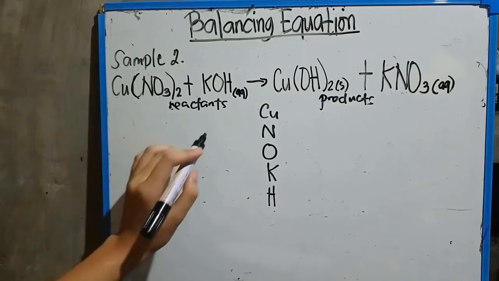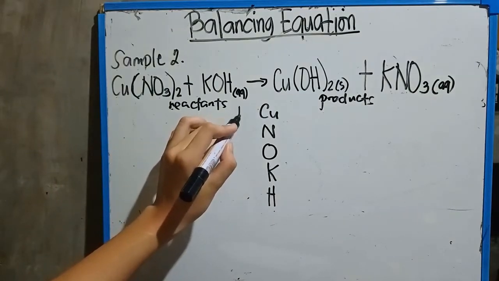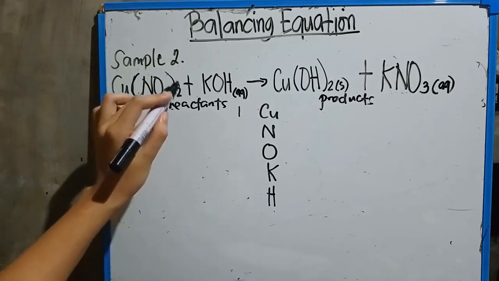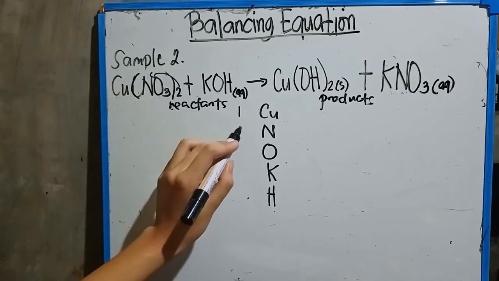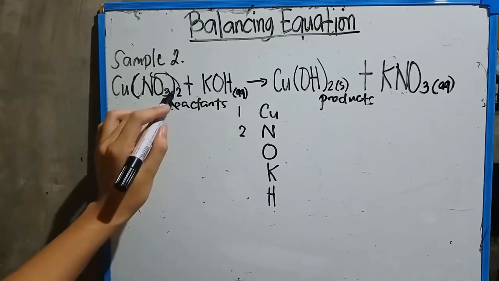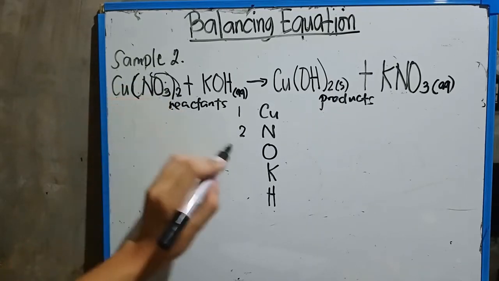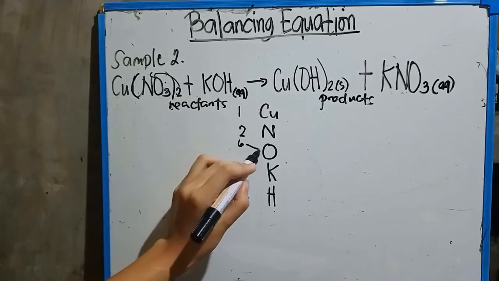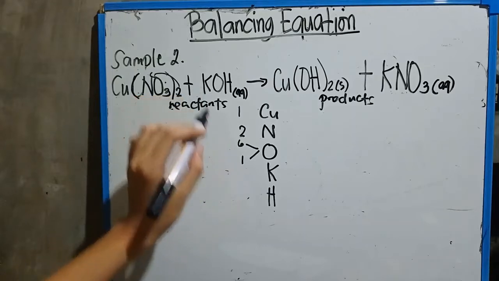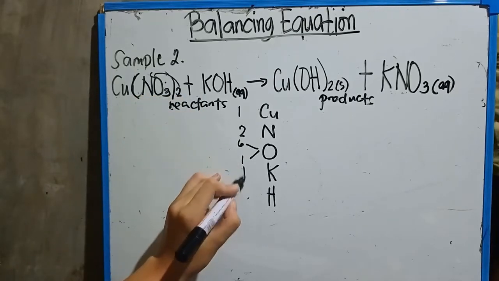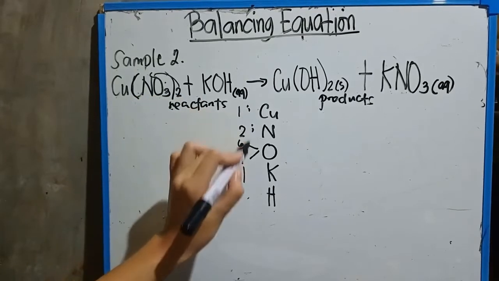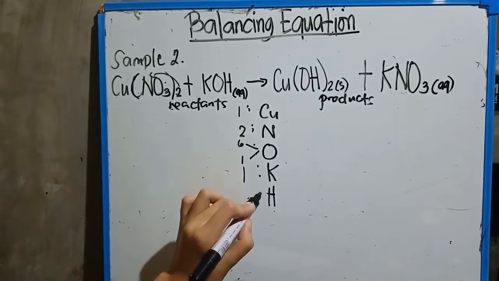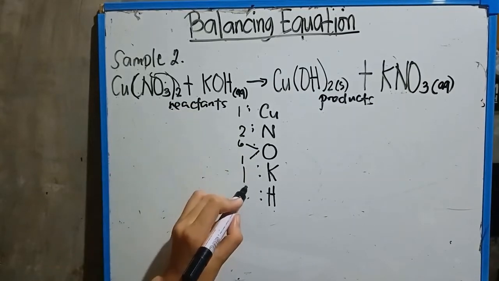So here we have 1 copper. 2 times 1, we have 2 nitrogen. Our oxygen is 2 times 3, we have 6, and also we have 1. For our potassium, we have also 1. Our hydrogen, we have also 1.